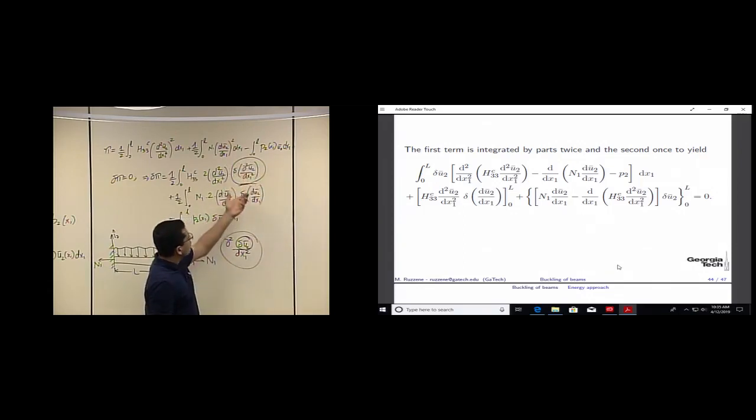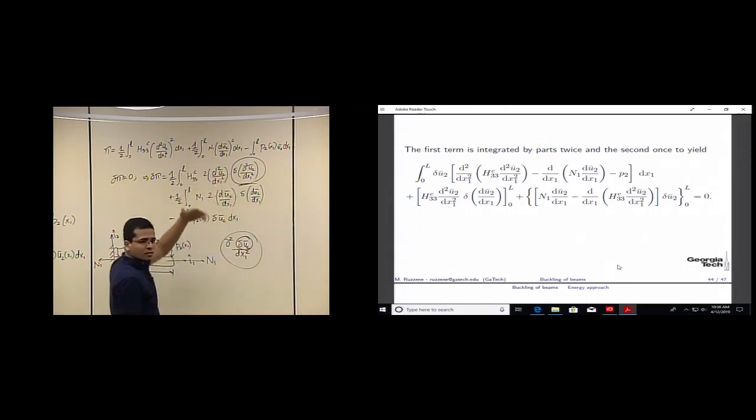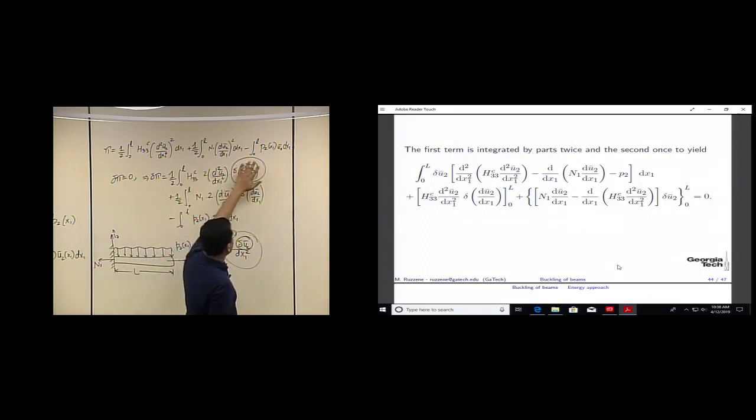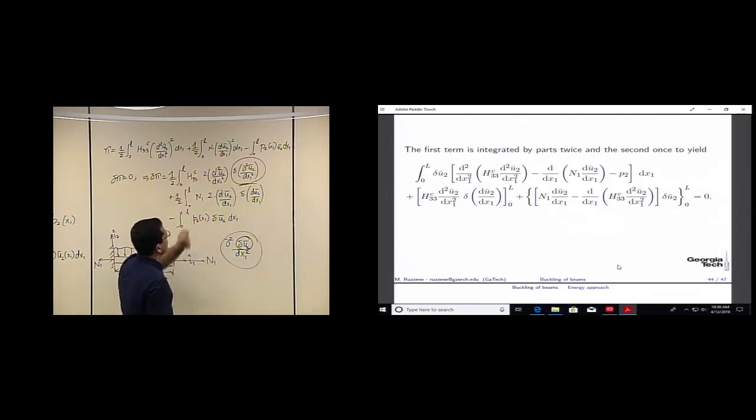So you would do integration by parts on this term twice, so that you can shift the differentiation from this term onto the other term. The integration by parts is, let's say there are two terms, you differentiate the first one and then you integrate the second one, right? So you will integrate this term and you will differentiate this term. So you are essentially shifting the derivatives from this term to this term.